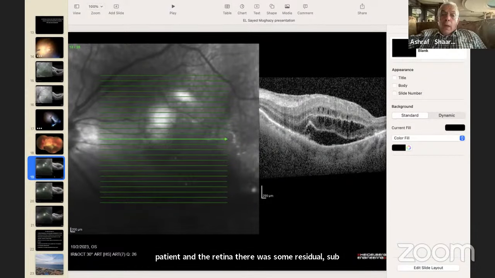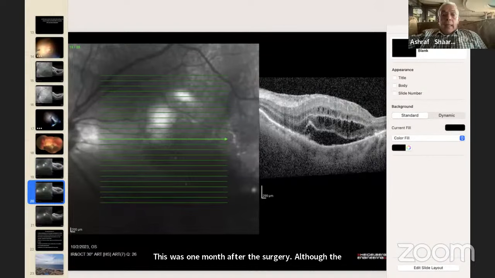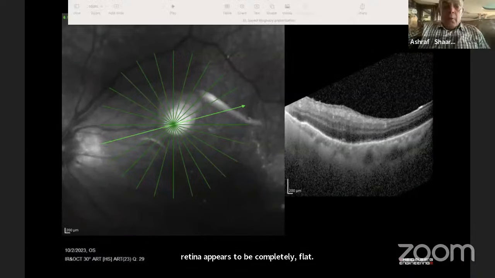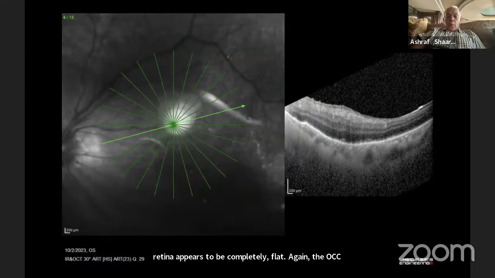This was 1 month after the surgery, although the retina appears to be completely flat. Again, the OCT showing some areas of subretinal fluid and some areas where there is no fluid in the subretinal space.